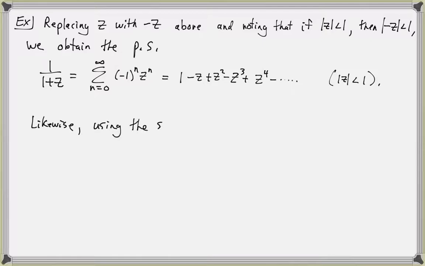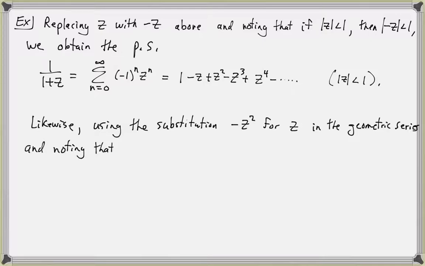So using the substitution of negative z squared for z in the geometric series, and noting that if the absolute value of z is less than 1, then the absolute value of negative z squared will just be equal to the absolute value of z, the quantity squared, which will still be less than 1, we can obtain another power series.